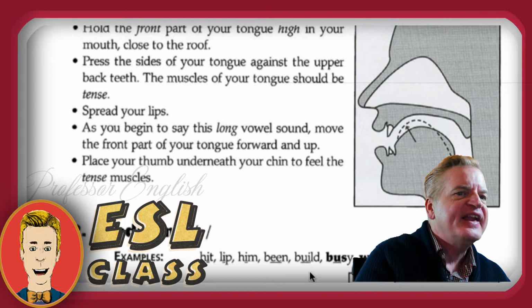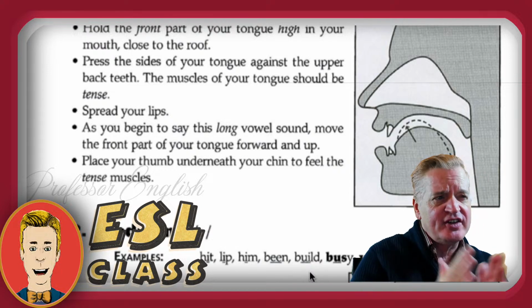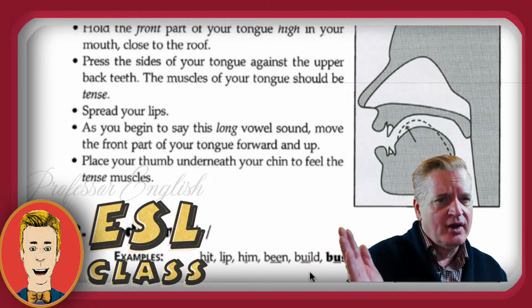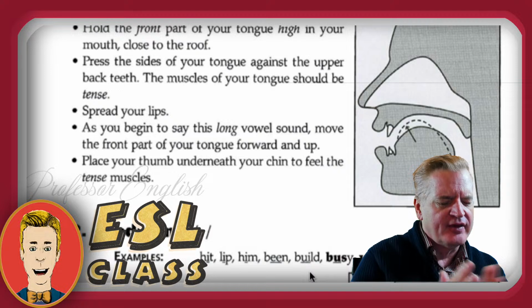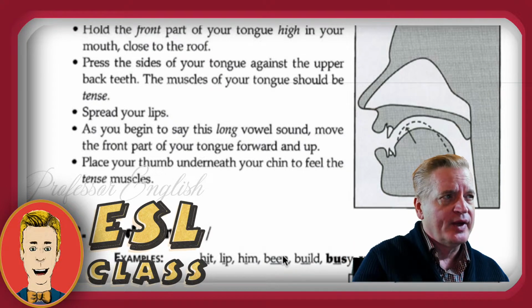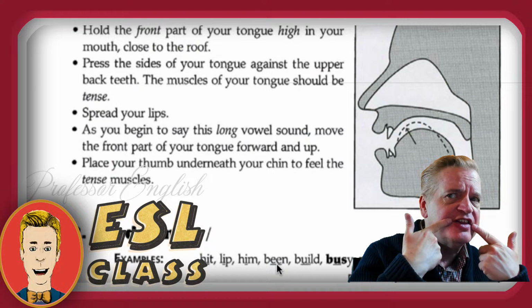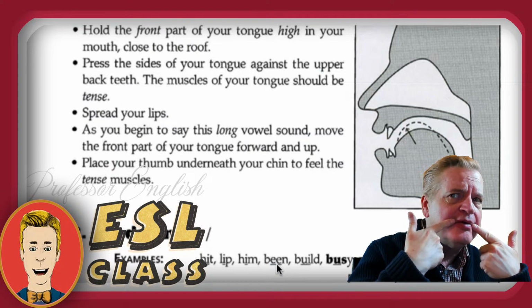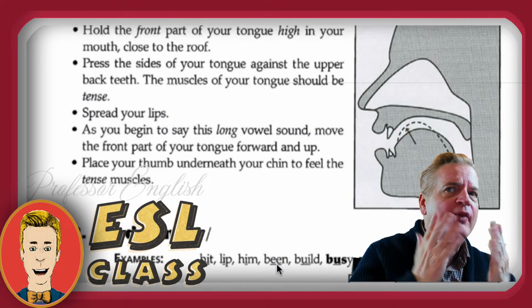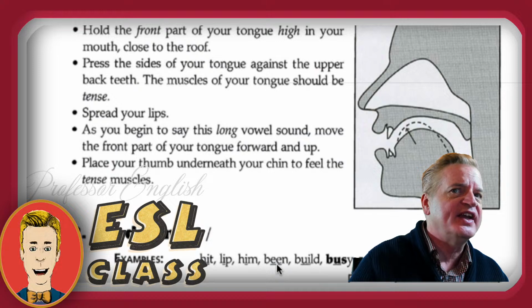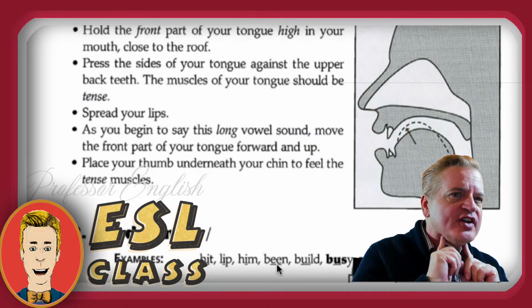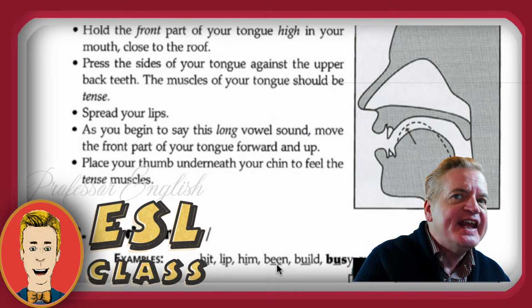E, E. And also it's a very long sound. The duration of the vowel is very long. So you've got your tongue pressing against your teeth, kind of high up, E. And then it even goes higher as you're saying it. And you can feel the tension in your muscles. E.